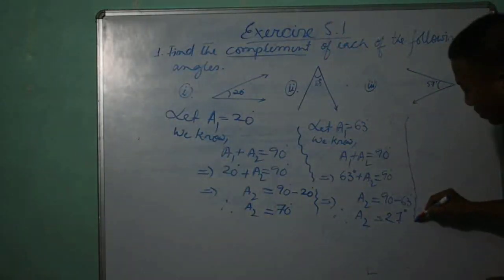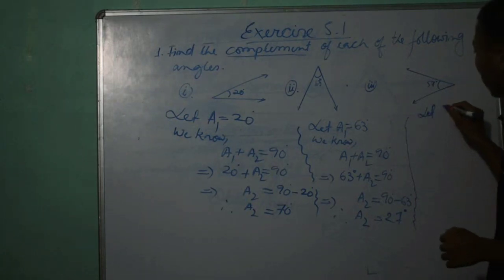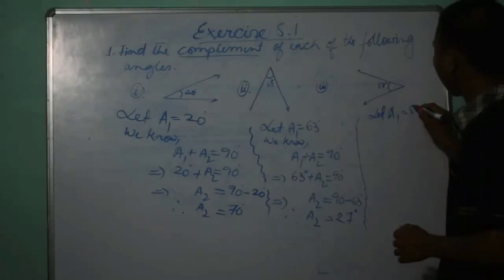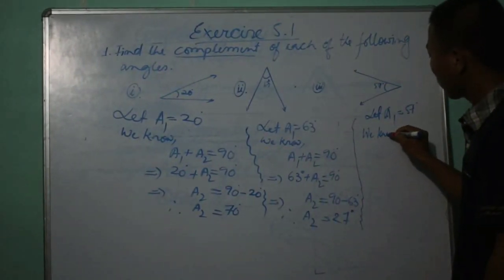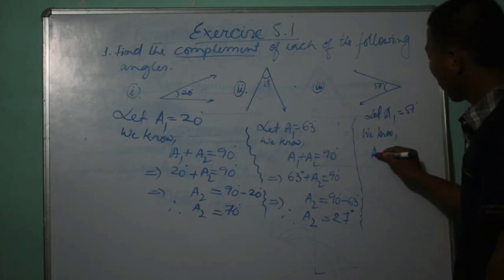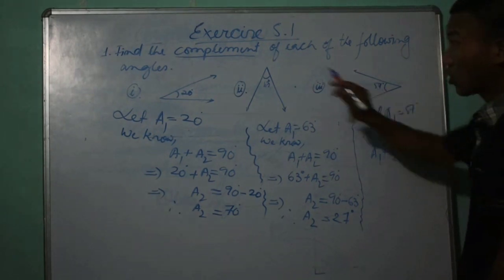Okay, for Roman number 3, let A1 equal 57 degrees. We know A1 plus A2 equals 90 degrees for complementary angles.